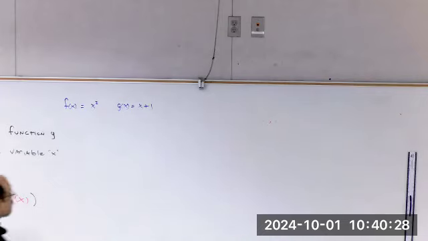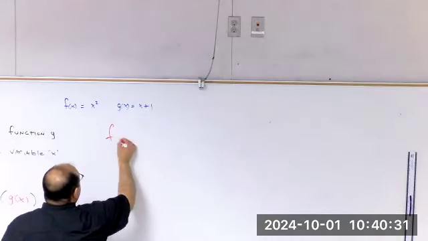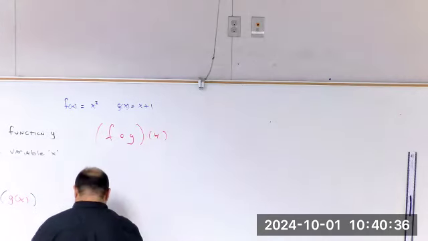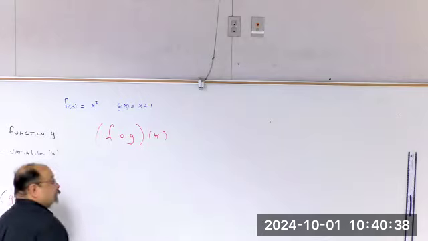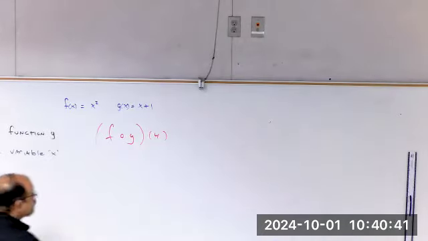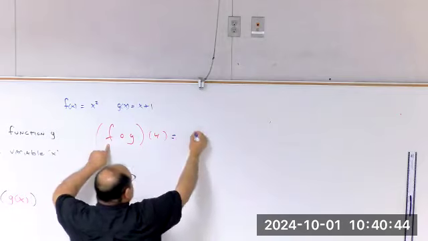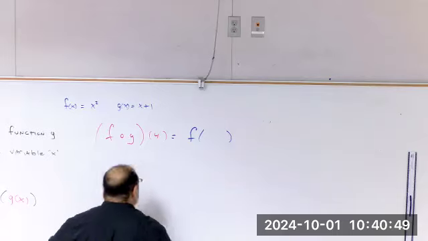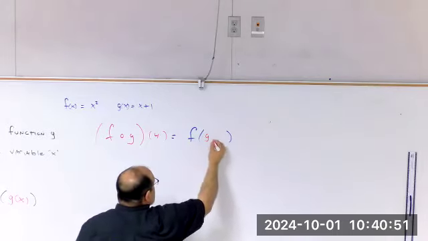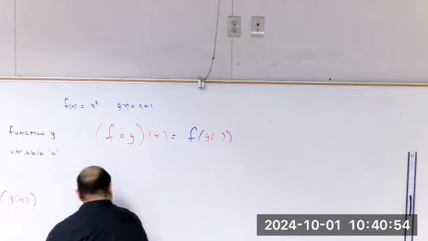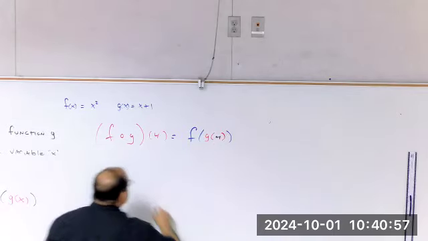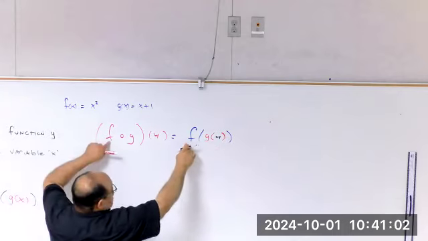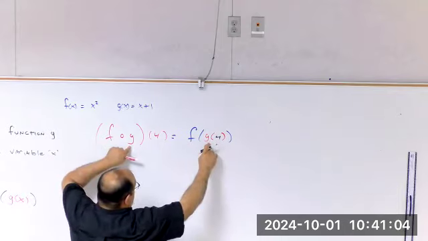So up here, if I had what is f circle g of 4, this is what I would want you to do. This means the outer function is f, and inside the f function, from left to right, you're now going to plug in g, and inside the g function, you're going to plug in 4. Rewrite it. f circle g of 4 means from left to right, the outer function is f, and then g, and then 4.